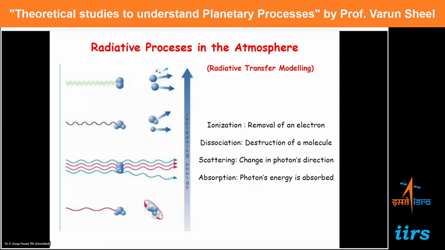In some cases, it will neither ionize nor dissociate, but it can scatter, which will just change the direction of the photon. So scattering may happen. In another case, the complete photon's energy can be absorbed, which can create some kind of heating. We will look at some details about these processes in the subsequent slides.